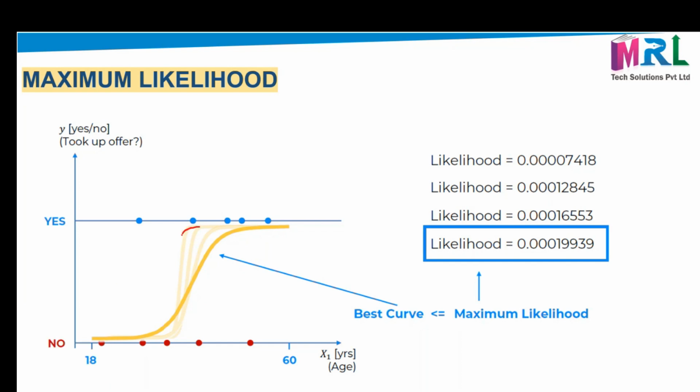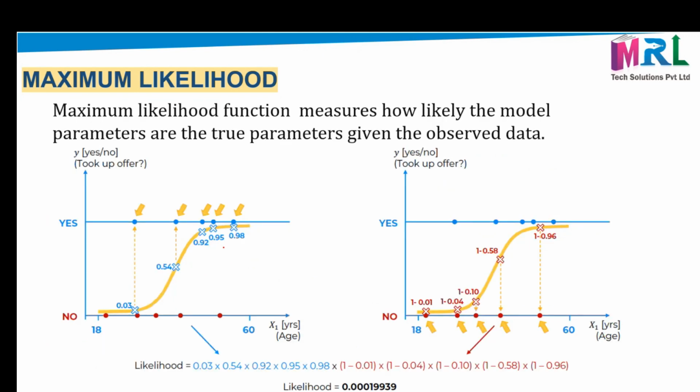Here the curve may be like this also, and it may come like this also. It may be of any slope. So why I am choosing this one is based on the maximum likelihood. At this point only the error is minimum.